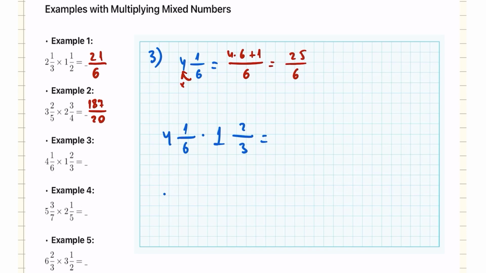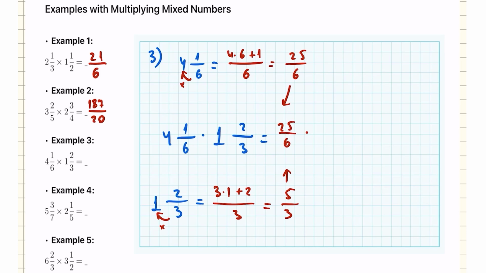Now the second fraction, 1 and 2 over 3. 3 multiplied by 1 plus 2 over 3. This is 5 over 3. Now we can multiply. 25 over 6 multiplied by 5 over 3. And now we multiply normally, numerators and denominators. We have 25 times 5, 125 over 18. And that's the answer.